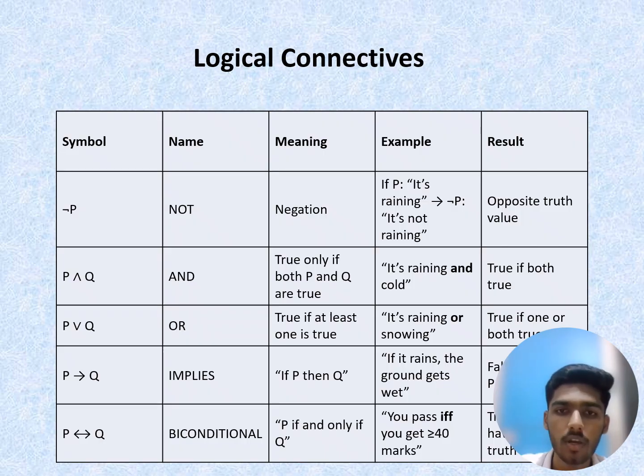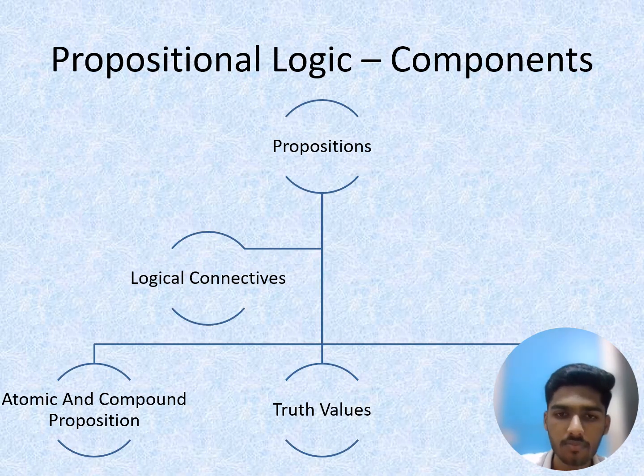OR is true if at least one statement is true. NOT simply flips the truth value. The most important one for AI reasoning is IMPLIES, which means if P then Q. This is our basic if-then rule, and it's the foundation for logical deduction.